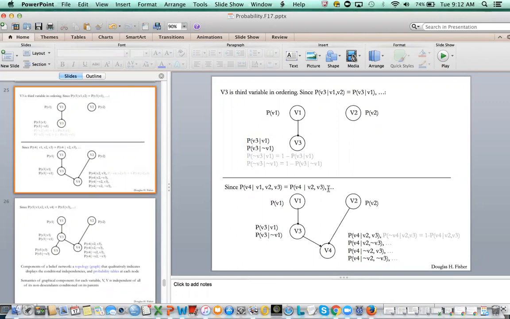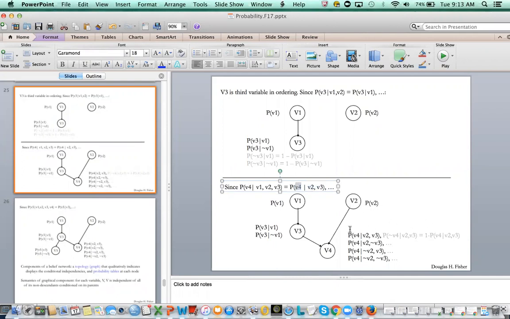I didn't say this in the earlier slide, but I'll assert it now that V4 is conditionally independent of V1 given V2 and V3. So I would add V4 here. Its parents would be V3 and V2, which are the ones that condition the probability of the V4 values.